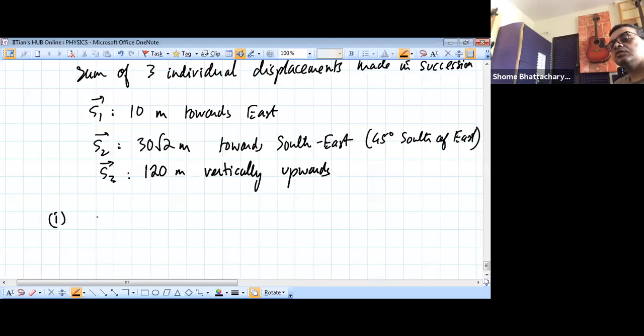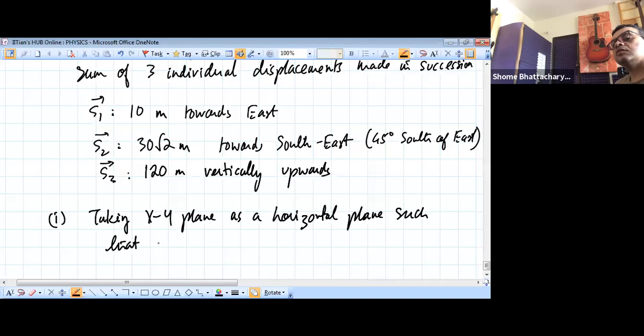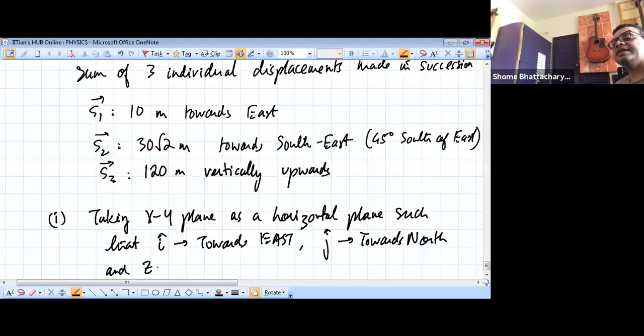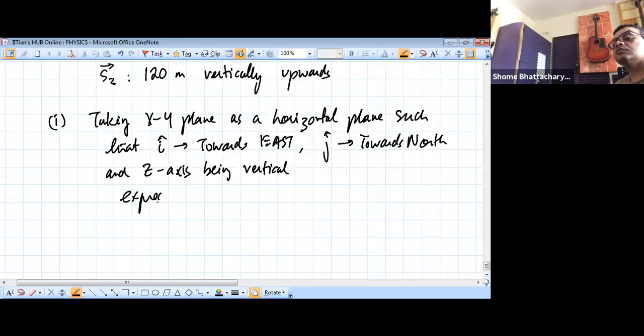The first thing is that, taking the XY plane as a horizontal plane such that I cap is towards east and J cap towards north, and the Z axis being vertical, express S1, S2, and S3 in component form.